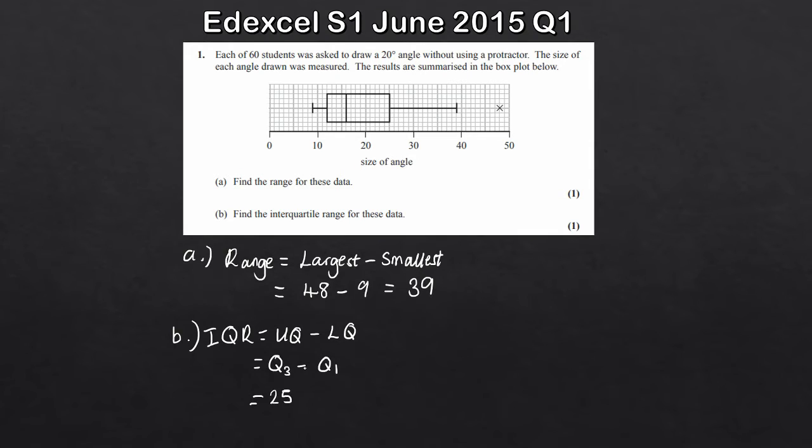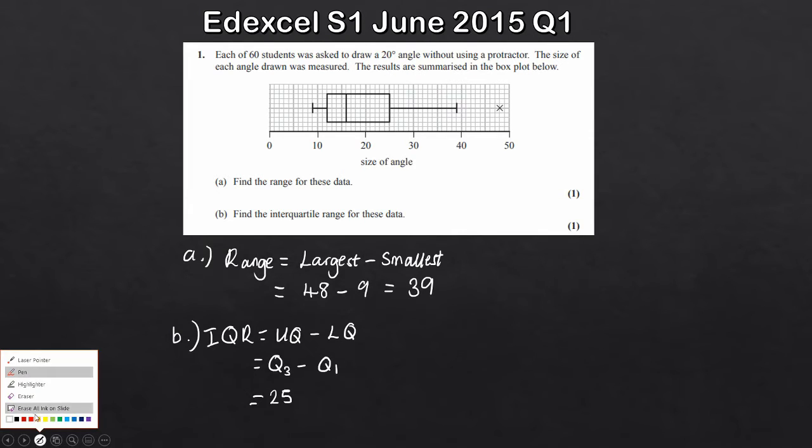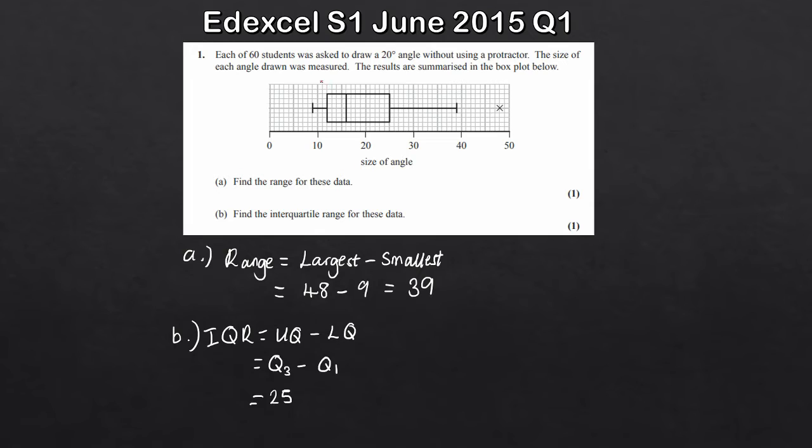25 for Q3. So if you're unsure what it is on the box plot, we just do it in a different pen. So that's Q1. This one here is Q2, otherwise known as the median. This is Q3.